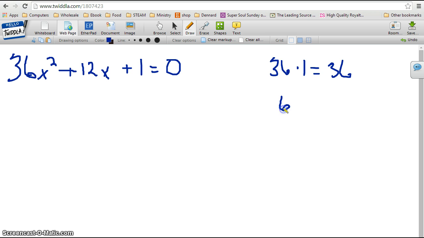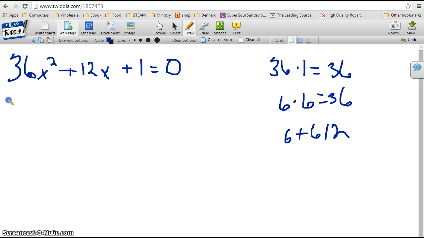Okay, so I know that's going to be 6 times 6 gives me 36. And when I add 6 plus 6, it's going to give me 12. All right? So now I'm going to rewrite this equation.